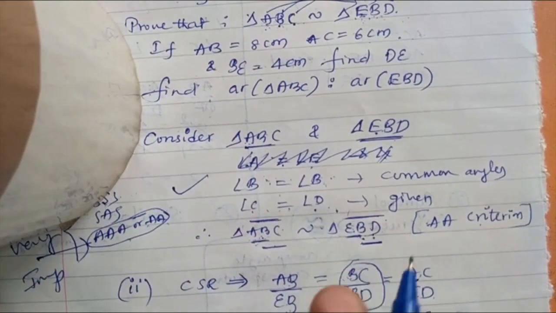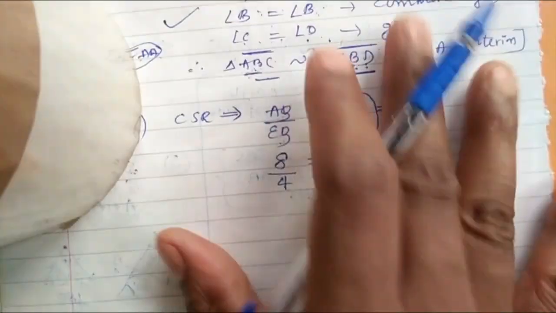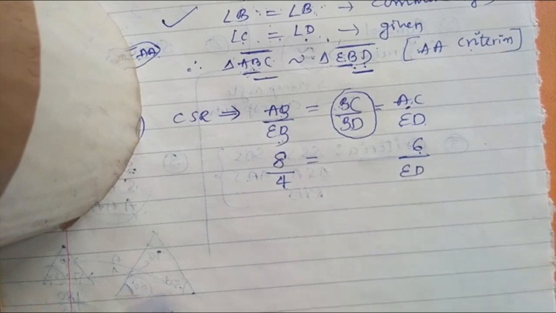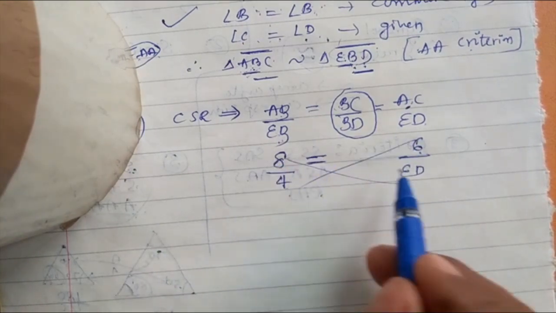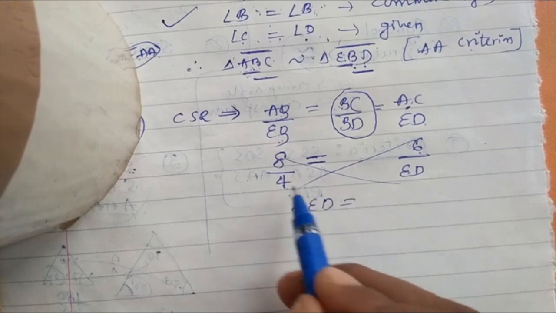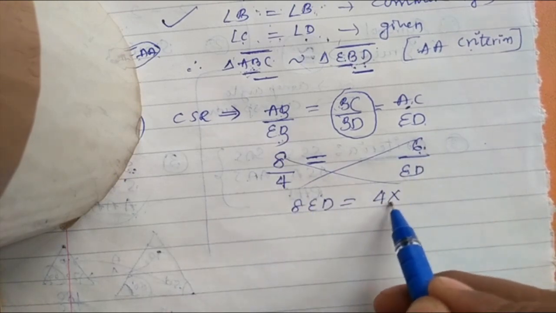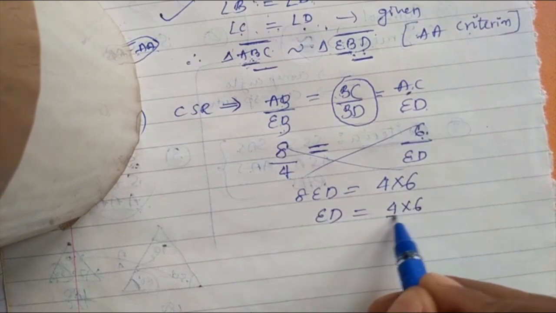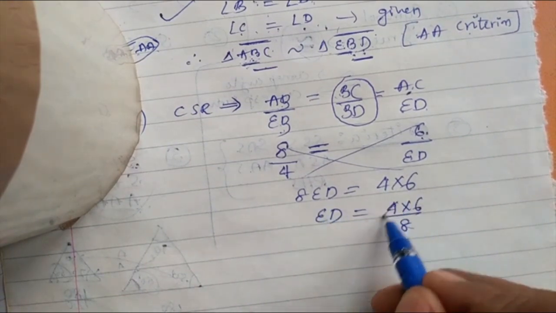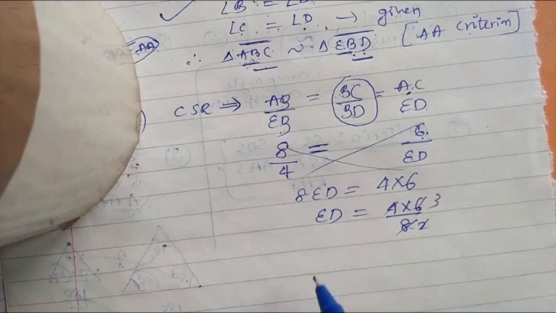ED has to be found out. So just go for cross multiplication. Equal sign is there, no? 8 into ED, 8 ED, equals 4 into 6, or 24 also, of course. So ED equals 4 into 6 by 8. Cross multiplied: 4 ones are 4, 2 ones are 2, 3 twos are 6. ED equal to 3 centimeters.